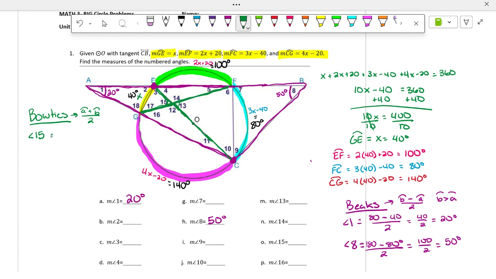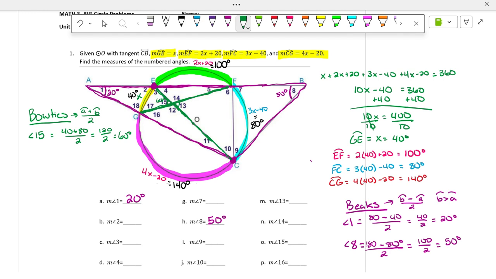It's at 40. So we have 40 plus. Now look at 13. Here's the cone. Where's the ice cream? 80. And then divide it by 2. So this will be 120 divided by 2, which is what? 60 degrees. So 15 is 60 degrees.